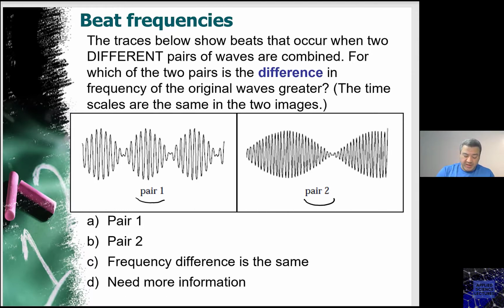In this case, the answer would be 1, because the number of repeated patterns represents the cycles per unit time, and here we have the same unit time, which means that the cycles for pair number one are greater than the cycles for pair number two.